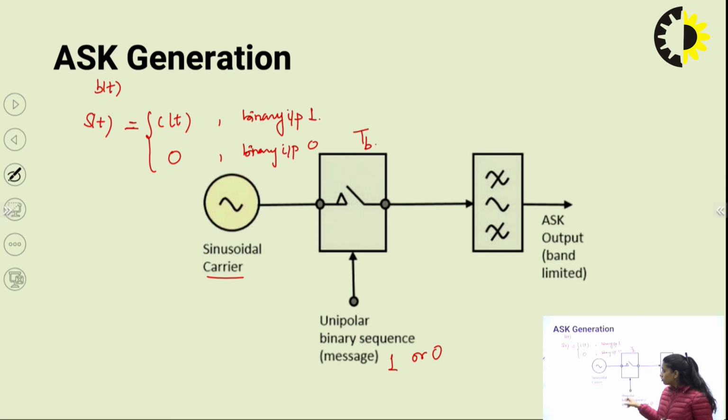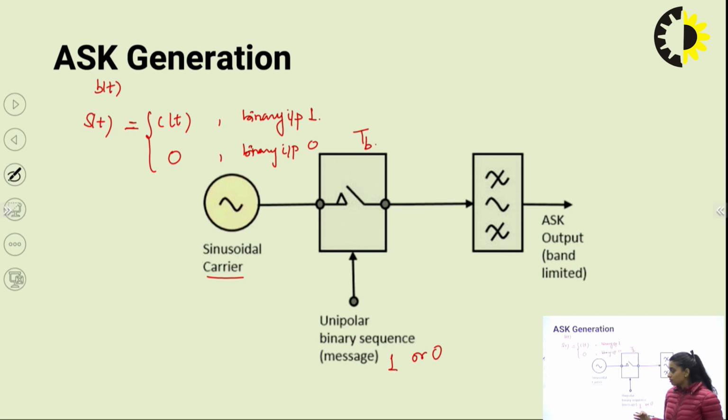But I don't want my carrier to get simply multiplied by bit 1 or 0. Corresponding to bit 1, there should be some voltage value that should be multiplied, and corresponding to bit 0, there should be 0 voltage value, that is, the switch should be open, right?